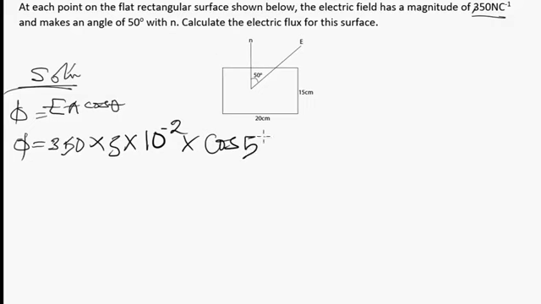When we check this with our calculator, we should have 6.74 newton meters per coulomb. So that is it. I'll go ahead and wipe this.